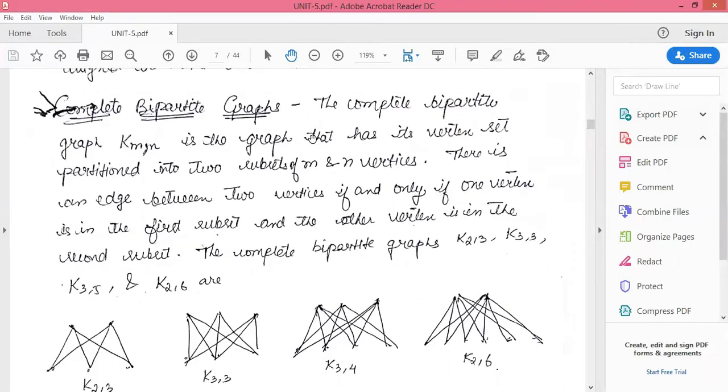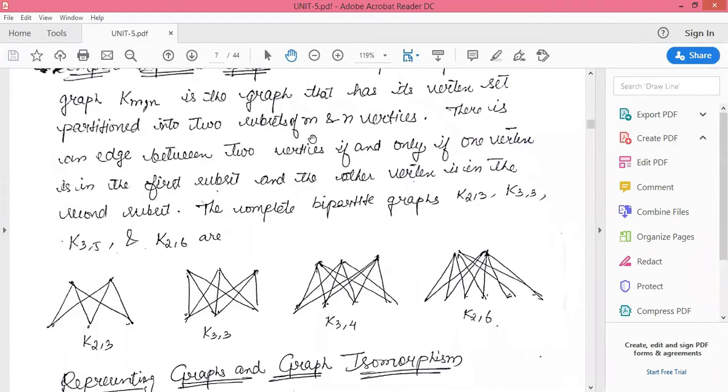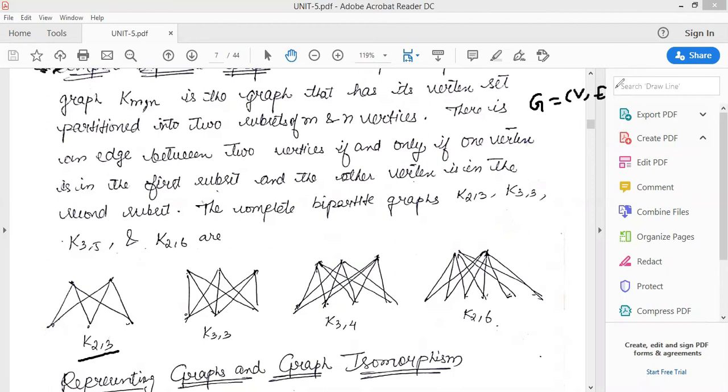To understand the definition, we take one example. For example, K2,3. That means in total how many vertices? 2 plus 3, 5 vertices. So you are taking one graph G equal to (V, E). It contains 5 vertices.